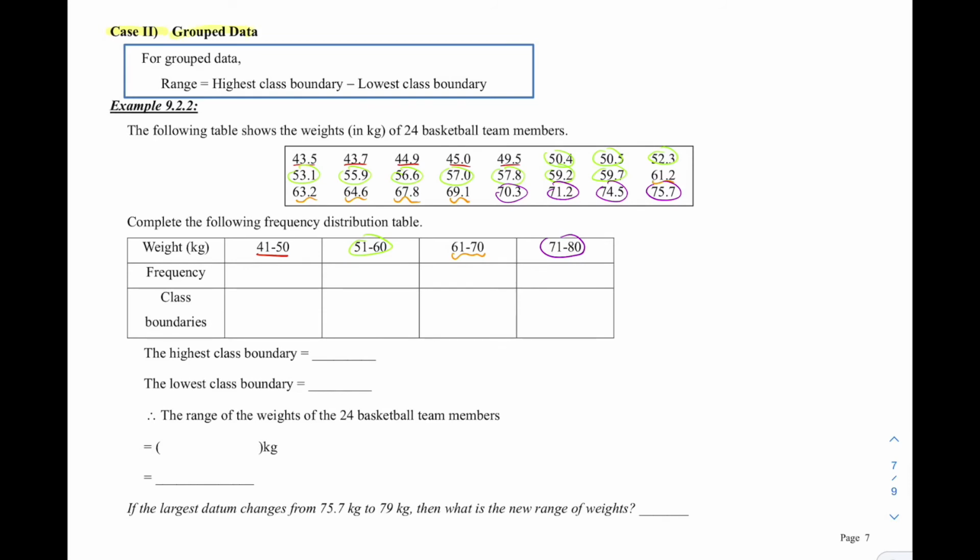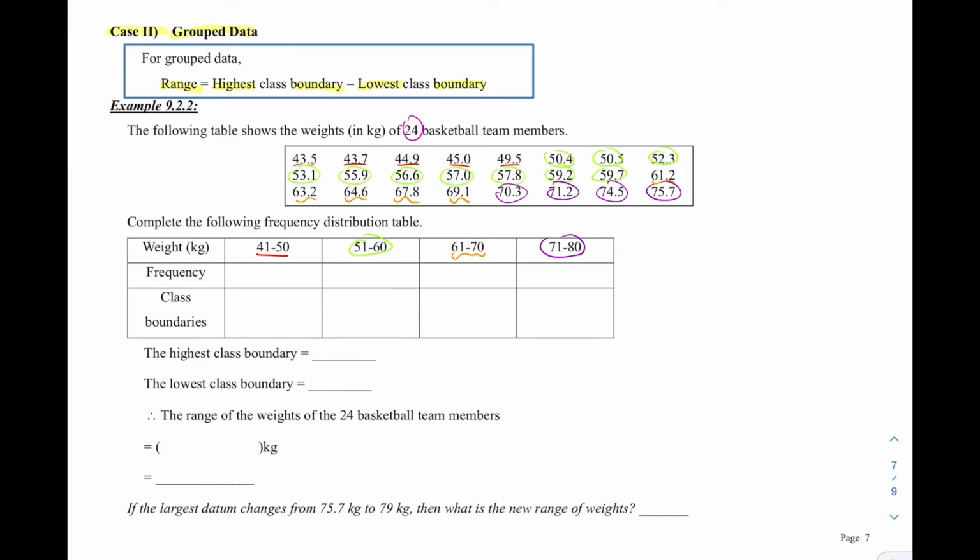Case 2. For grouped data, we can find the range by finding the highest class boundary minus the lowest class boundary. Let's study one example. Here we have a table showing the weights in kg of 24 basketball team members. There are 24 data, and now we have to first organize the data.